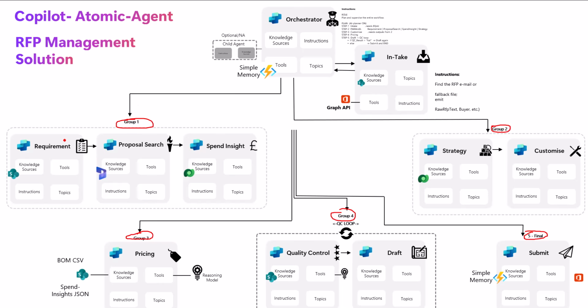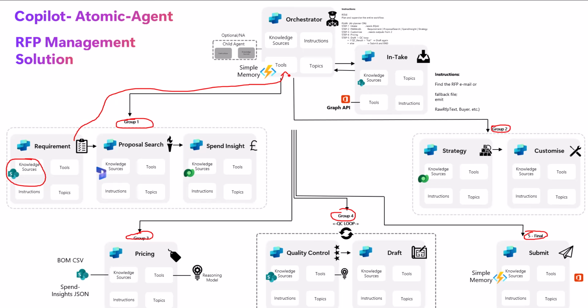For example, if the requirement agent looks through the requirements and gets its information from its knowledge, which is SharePoint in this case, it's able to push that information back up to the orchestrator to say, look, these are the number of requirements as part of this RFP.